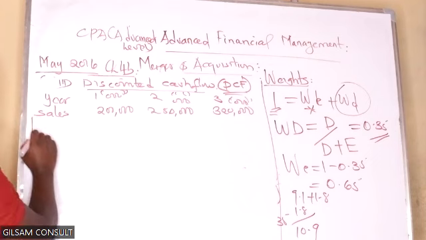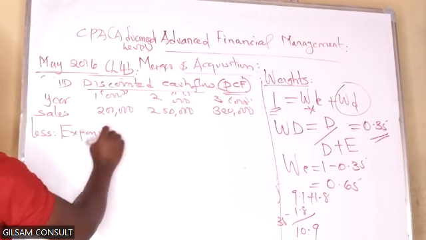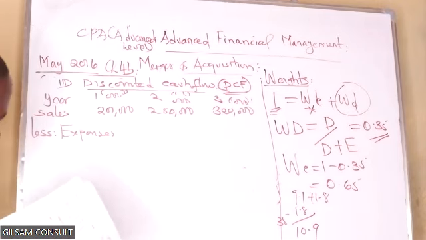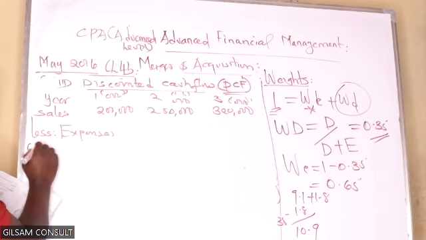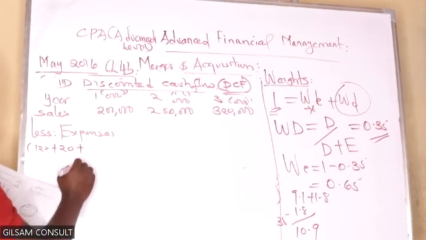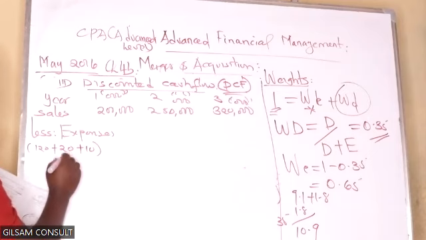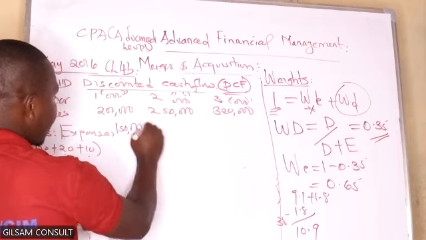So less the total expenses. My expenses here, I can see we have the cash cost, expense, capital allowance, and interest charge. So I can add 120 plus 20 plus 10, which gives me 150,000.